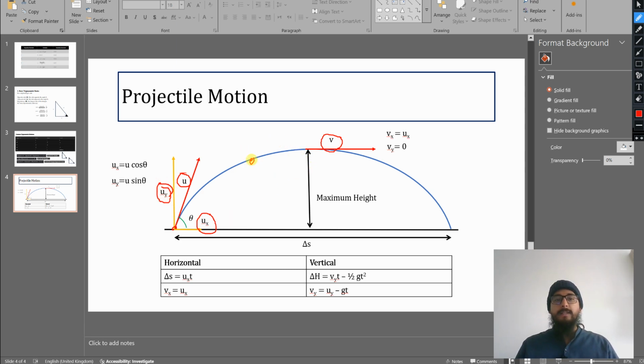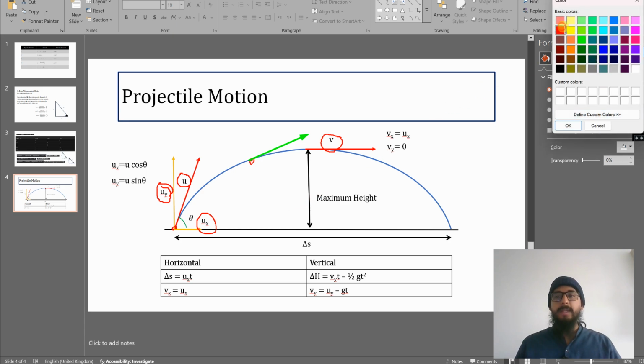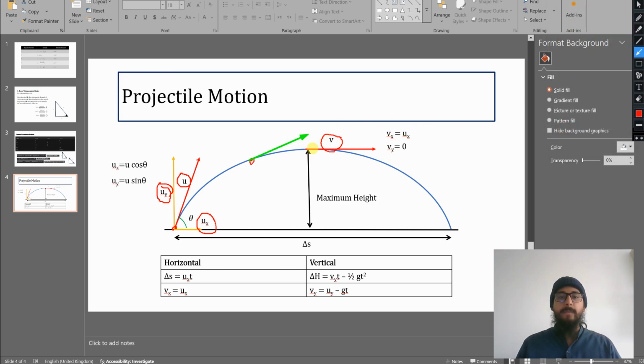So if we make a tangent here, under the influence of gravity, you can see that the y component will become less and less, while the x component will remain the same.